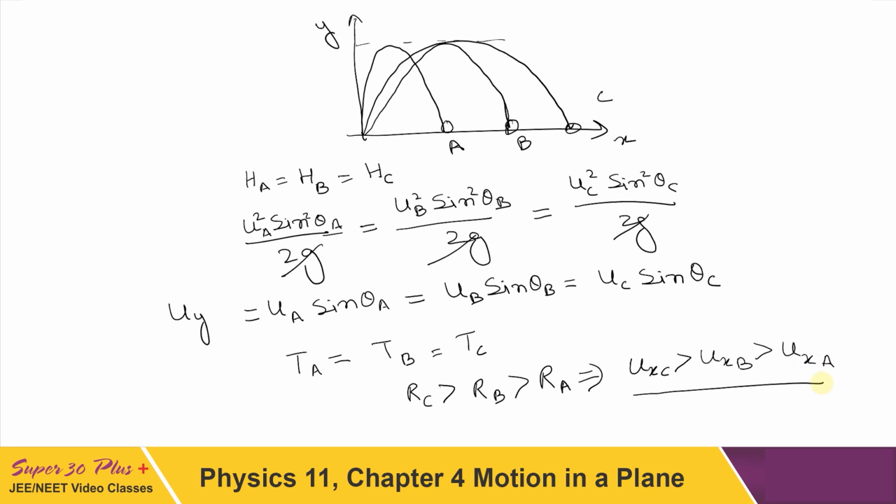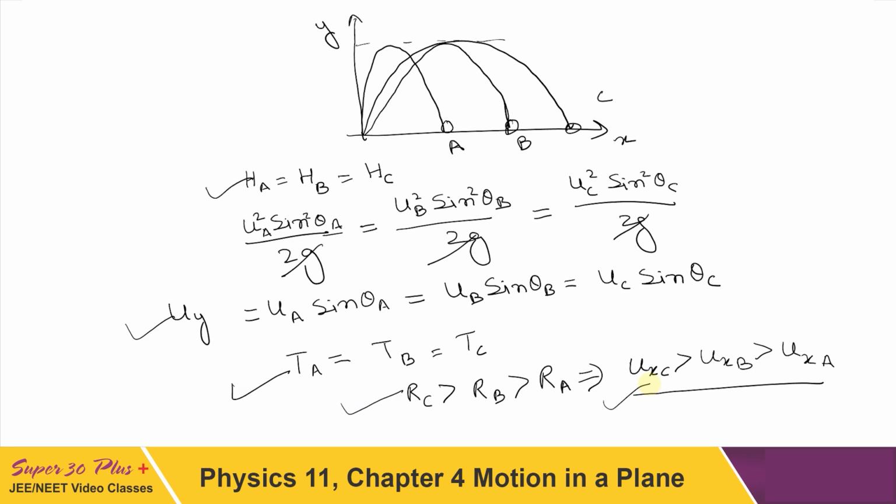So on seeing the graph itself, we can conclude a number of things. Their heights are the same, their vertical components of velocities are the same, their times of flight are the same, but their ranges are in this order, and in the x direction the initial velocities are in this manner. Can anything more be interpreted from this?